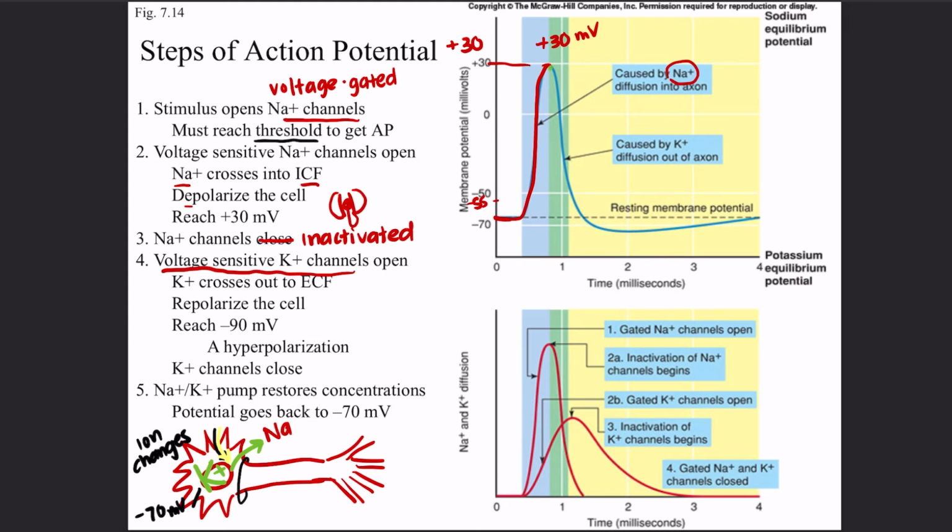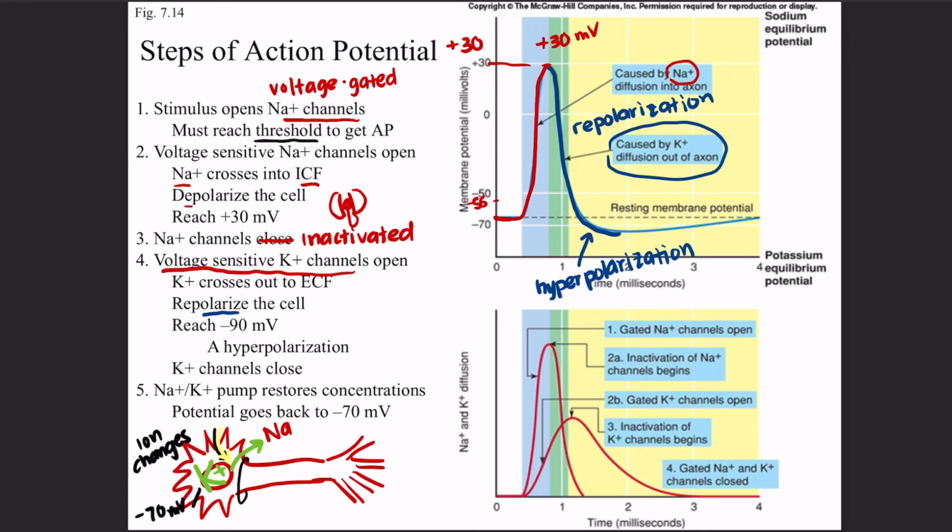As it rushes out, it's going to decrease our millivoltage here, caused by potassium moving out of the cell, and it even surpasses this negative 70 millivoltage. This is called repolarization. It's getting polar again. And then after it passes negative 70, this is called hyperpolarization because it's going even lower than our resting membrane potential.